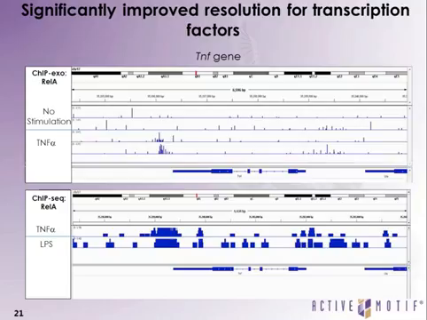Here we're in collaboration with the Alexander Hoffman lab at UCLA, where they asked us to look at mouse embryonic fibroblasts, which were either not stimulated or stimulated with TNF-alpha, and they wanted to know what ChIP-Exo would say about the binding sites they're identifying.